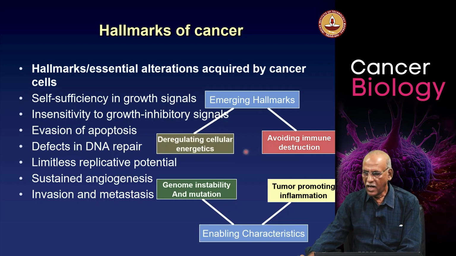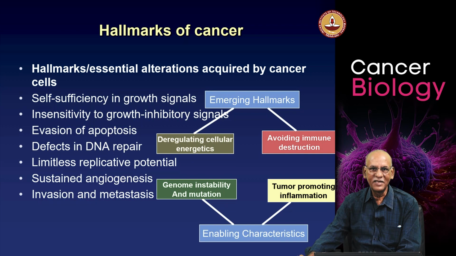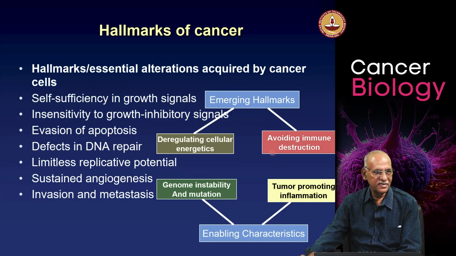But then after this review was written, the other scientists came to some discussion, and then they said, why are you leaving the immune system? Immune system normally protects us, but under certain conditions it can also enhance carcinogenesis. I will talk about it later.